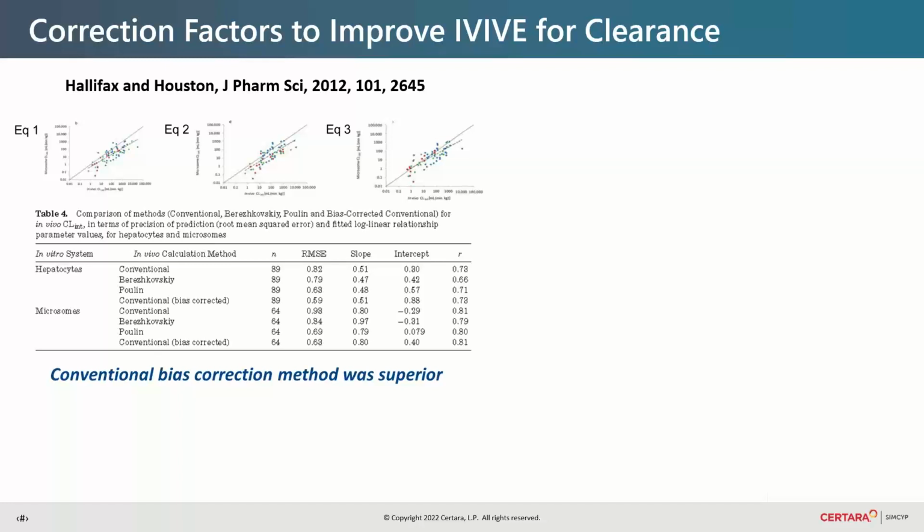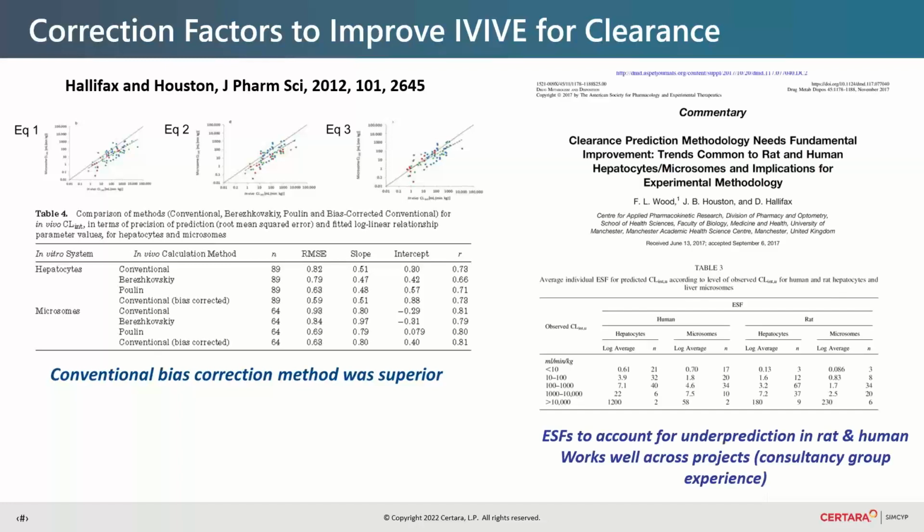They looked at a number of different scaling approaches to predict clearance, and showed that from in vitro data, if you correct for the bias, then you get good predictions. And a more recent paper, again from the group in Manchester, where they looked at scaling factors and used different scaling factors depending on the system and the prediction, and again showed that this leads to reasonably successful predictions. And this is something that we've routinely used in consultancy projects.